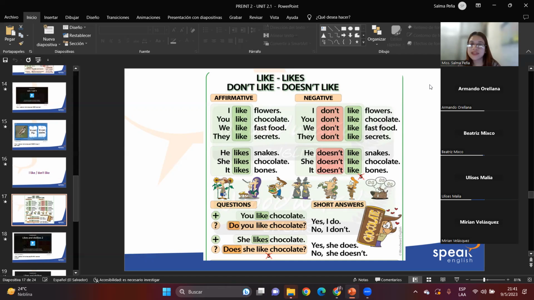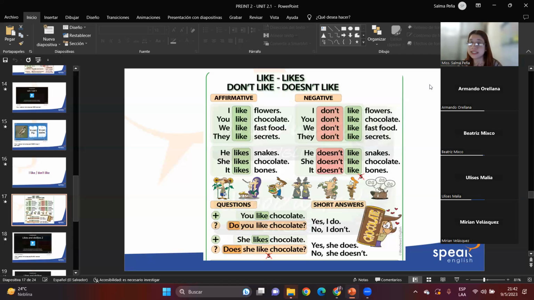So guys, we have like and likes to talk about something that you like, something that you enjoy, about your preference. And this is not complicated for you, I hope, because we already studied the present simple, and it's the same structure. You use affirmative, negative, and questions. In negative and question, you use don't and doesn't, right? Because that's how it works.